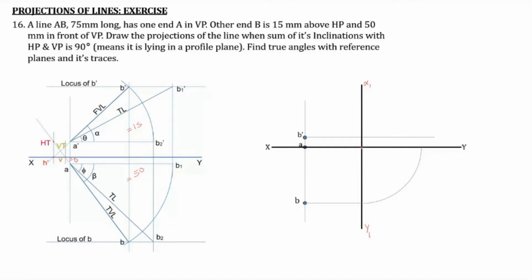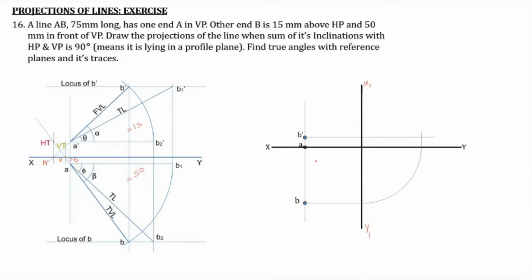So with this point as center and with this radius, if you draw an arc, this length will also be the same as this length. So this particular distance is now replicated here. Now from the point that we obtained right now, we draw a perpendicular line or a projector.